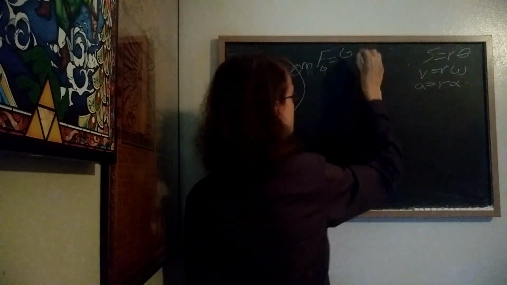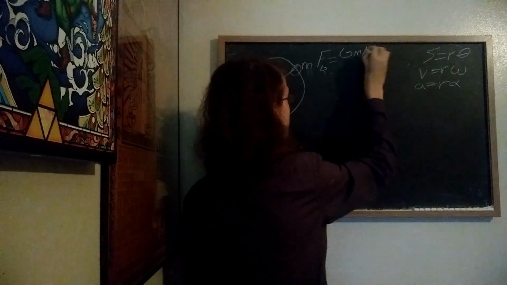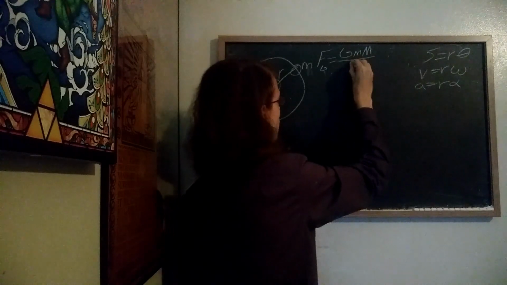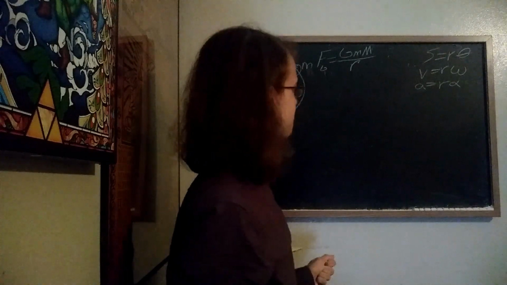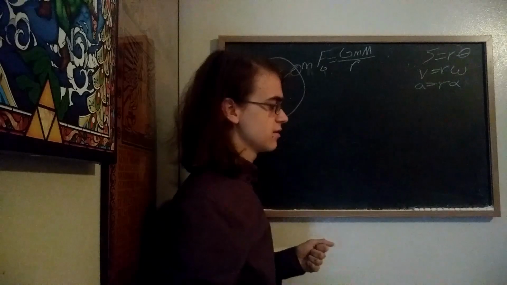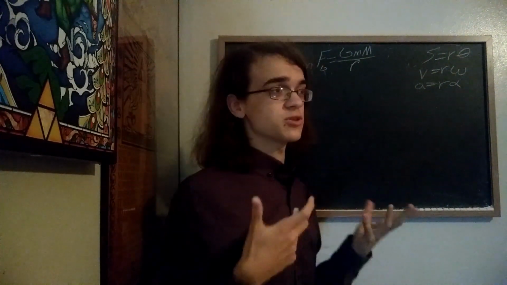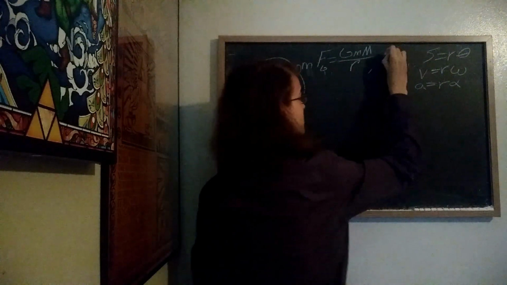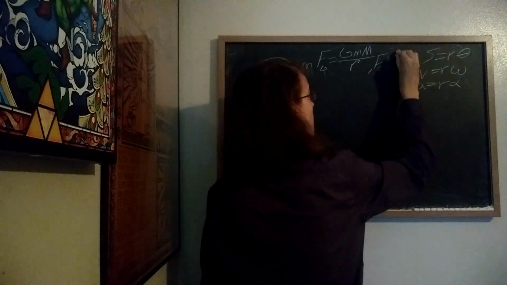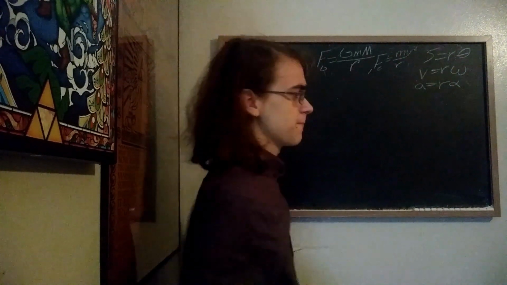G being a proportionality constant, times n times m, those being the masses of the planet and the body orbiting the planet, over the radius squared, the distance between the bodies' centers of mass. Now, for any orbiting body that's moving with a constant speed, it will experience a centripetal force that is exactly equal to the mass of the body times the velocity squared over the radius of its orbit.